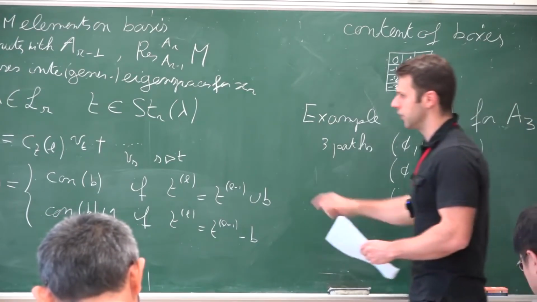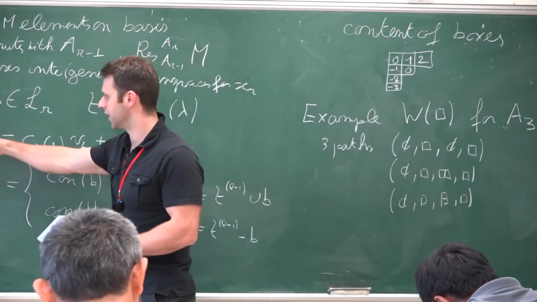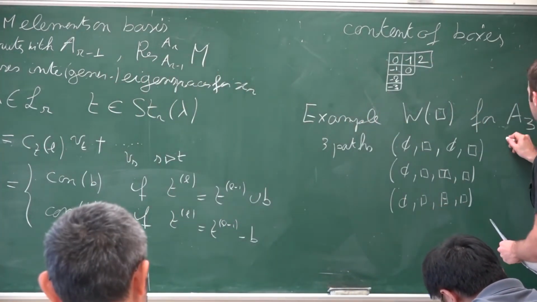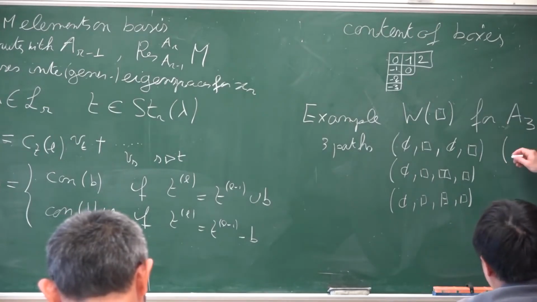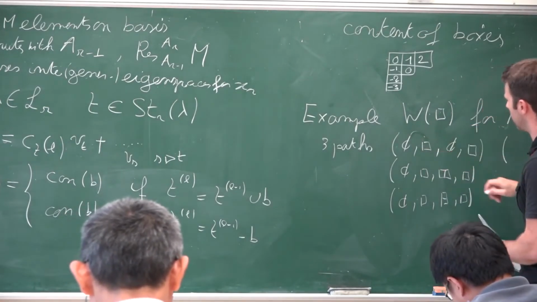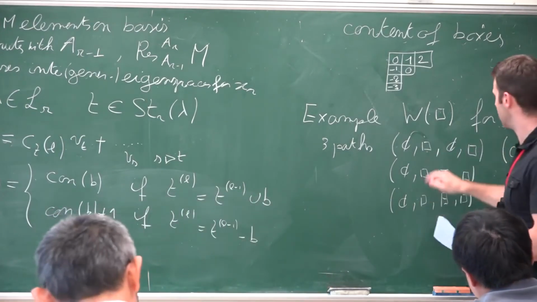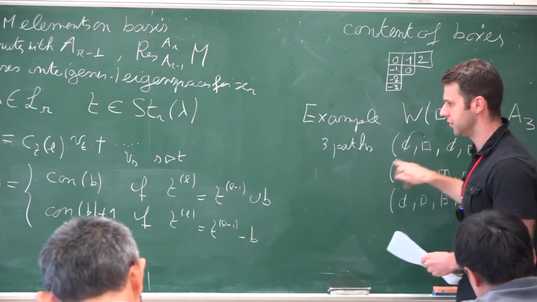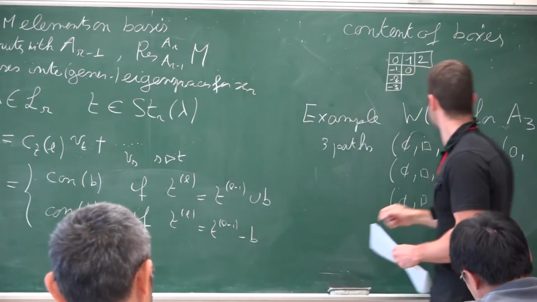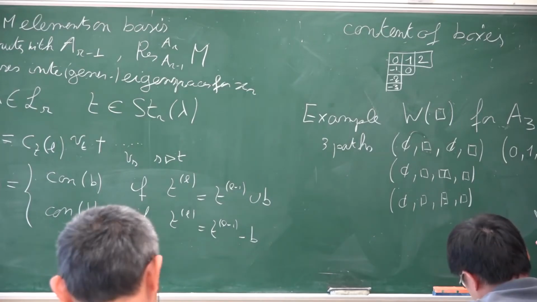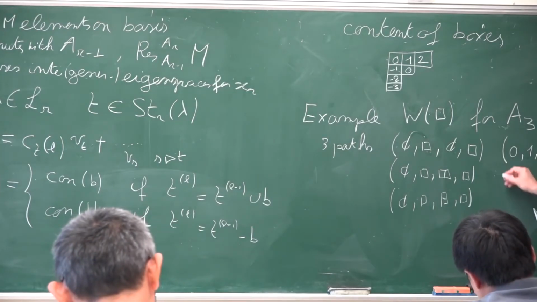And then the corresponding values that I will get for the Jucys-Murphy elements acting on the basis elements, or here in the first step I add a box with content 0, so I just get 0. Here I remove a box with content 0, so I will get 1. And then I do the same thing again, add a box with content 0, remove a box with content 0.